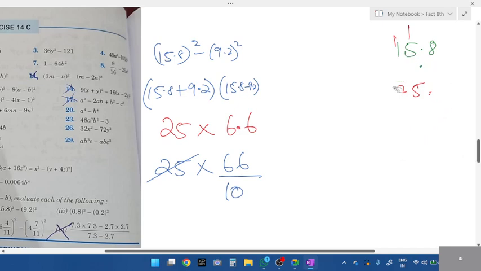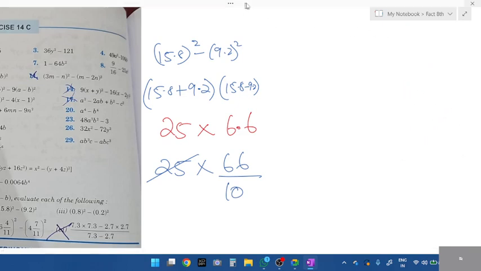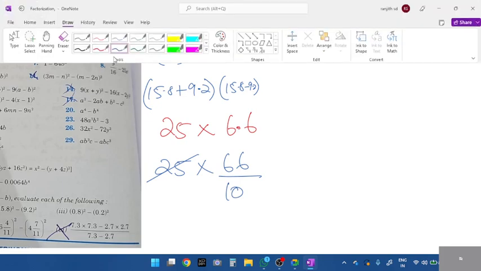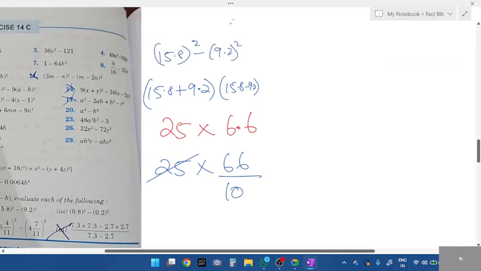If not, you can use the regular calculation method. 165. Okay, how many times does 5 go in 25? 5 and 5 2s are.